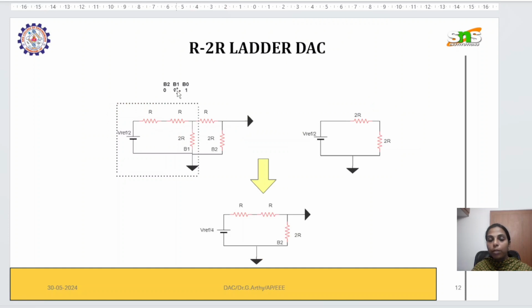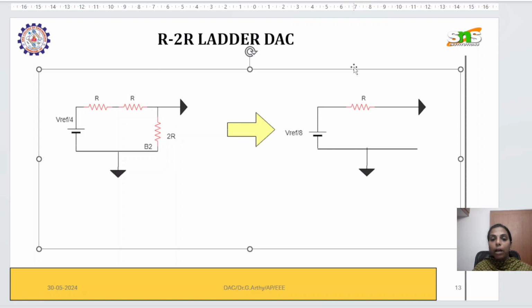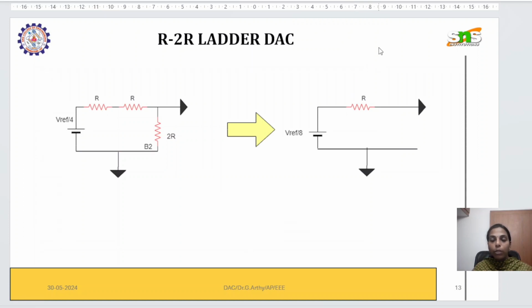You have to see the bit locations when it is being received. Finally, all these two are in series, and we have to calculate the equivalent resistance. V reference by R will be the Thevenin equivalent voltage.